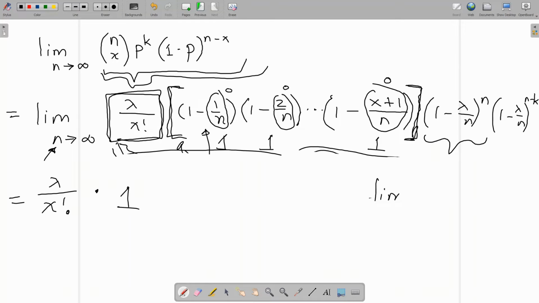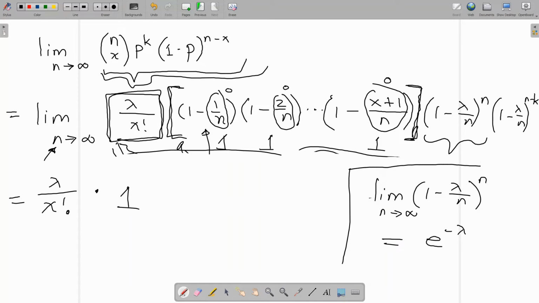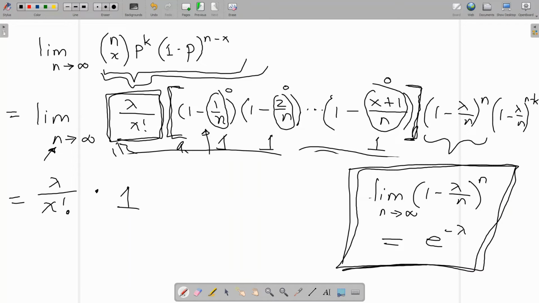The limit of 1 minus lambda over n raised to n as n approaches infinity is simply equal to e raised to negative lambda. By that expression we have evaluated earlier. We evaluated this first because we're going to need this. Now we have used it to simplify this expression.